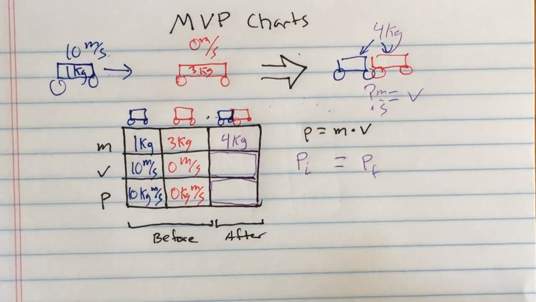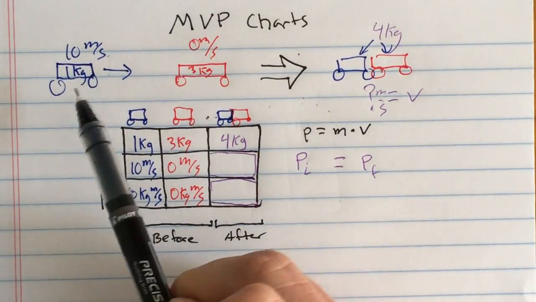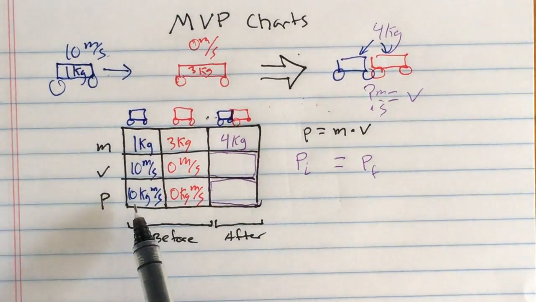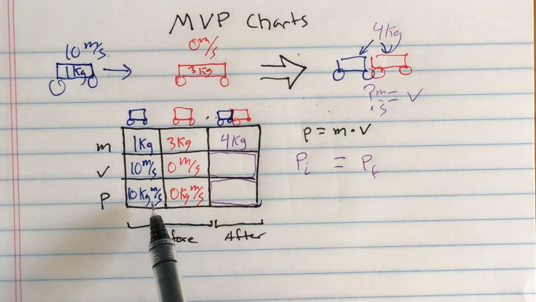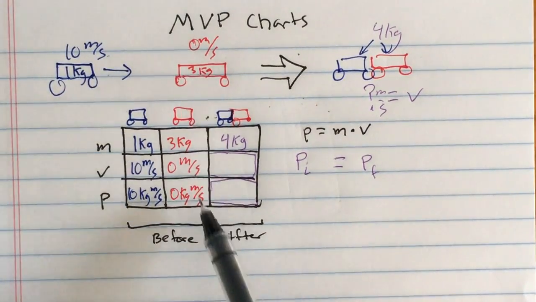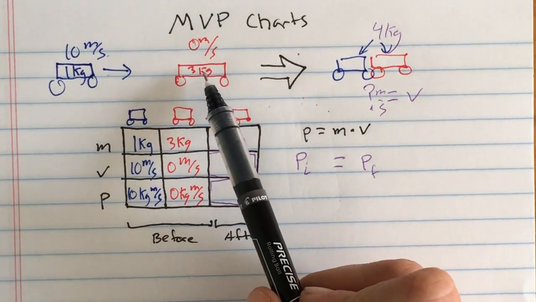Now, what was the momentum before the collision? Well, we can add up all the elements of our system here. So we had a momentum of 10 kilogram meters per second for our blue car, and then we had 0 momentum for our at-rest red car.